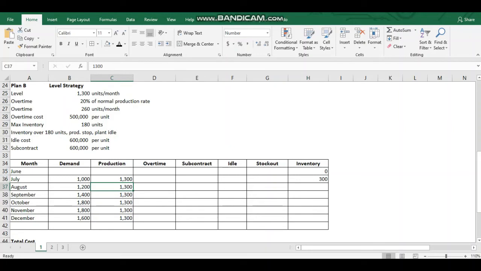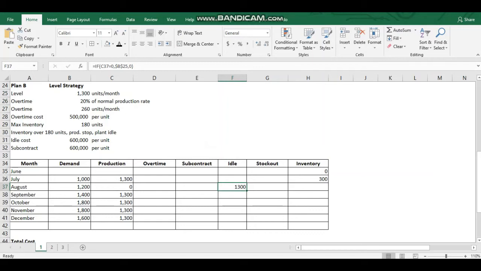So it becomes 0, and the idle becomes 1300 units because we're not producing any units, so the production is 0, and the plant is idle as much as the number that we were supposed to produce.